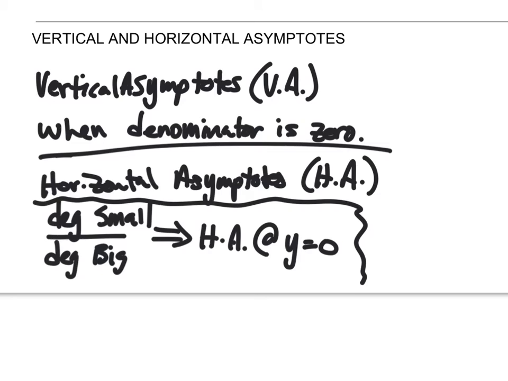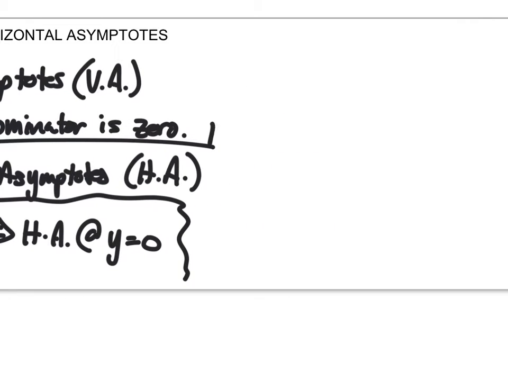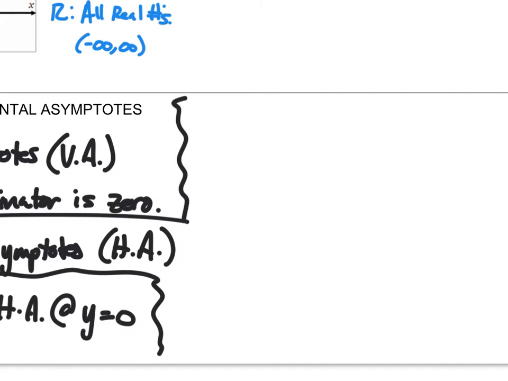The second option with a horizontal asymptote is if the degree in your numerator is the same as the degree in your denominator.